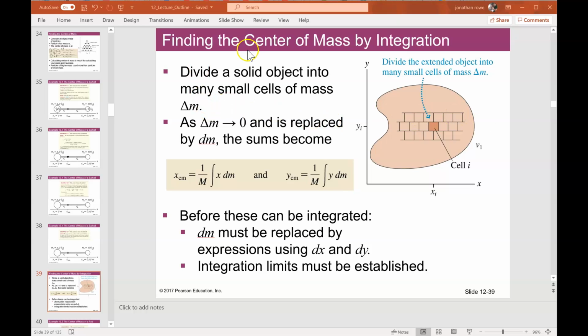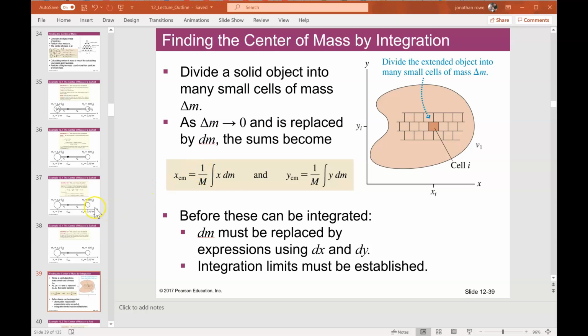So continuing on, looking at the center of mass, if you have a weird blob, a weird shape, a weird object, you can find the center of mass this way. So it becomes calculus. It becomes where delta m is approaching 0.